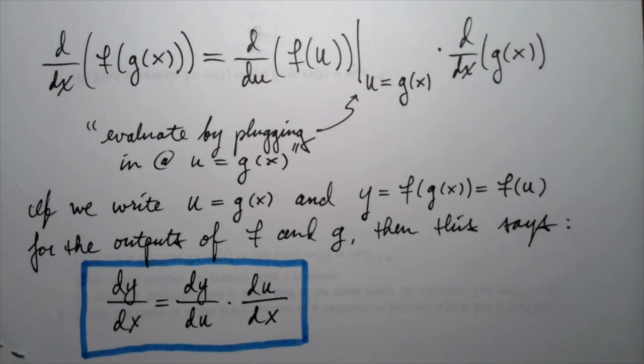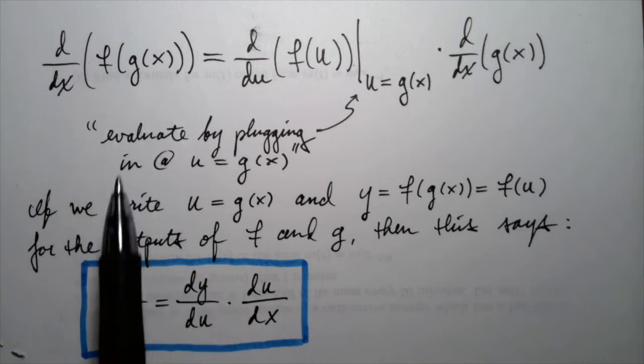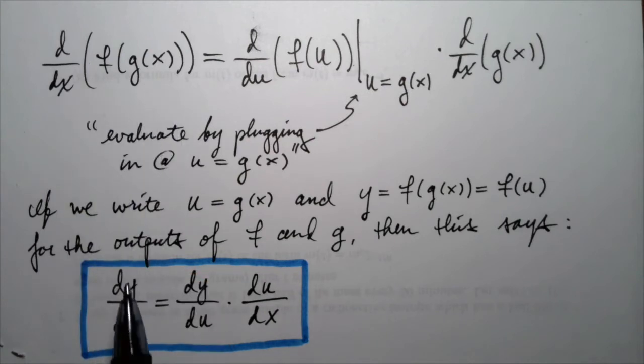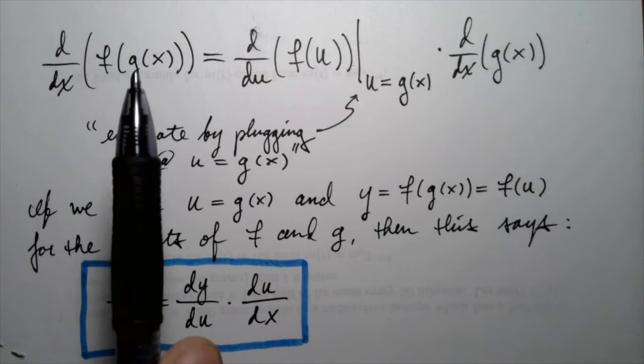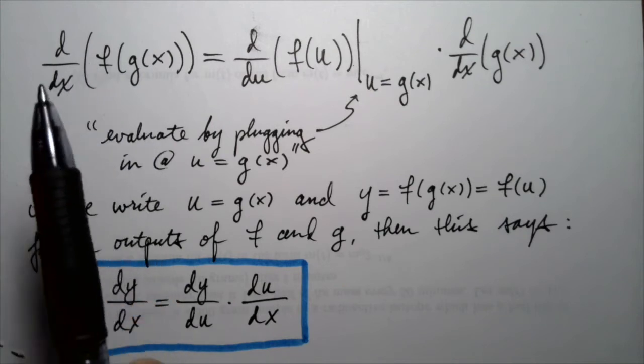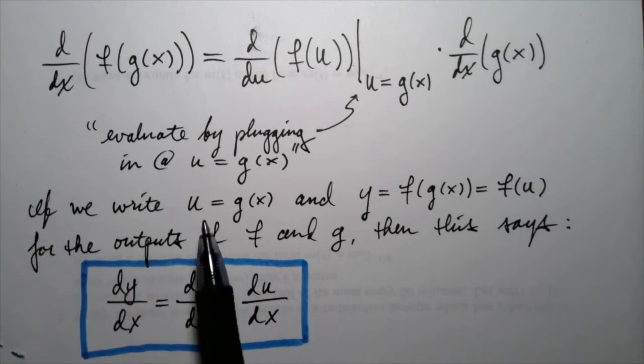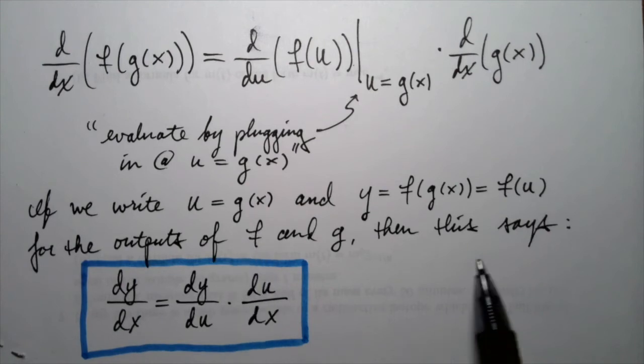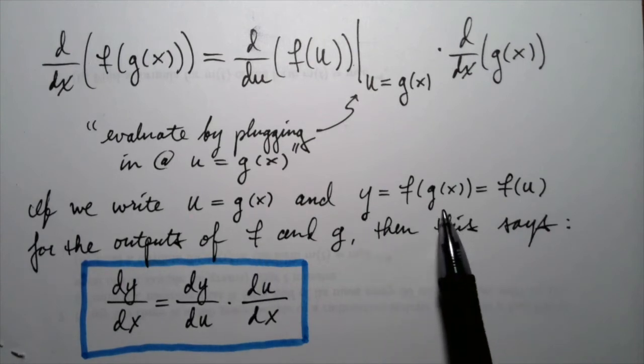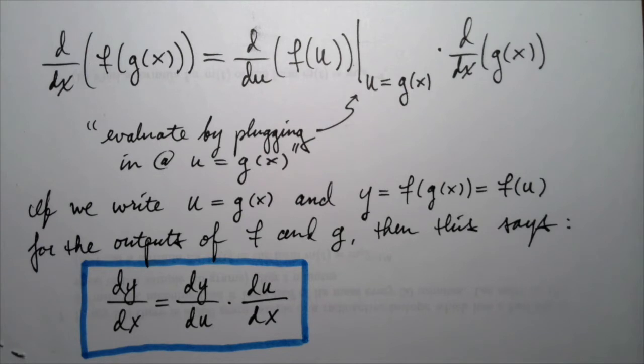So if we write u for the outputs of g and y for the outputs of f, then we can write this formula in a very elegant way.